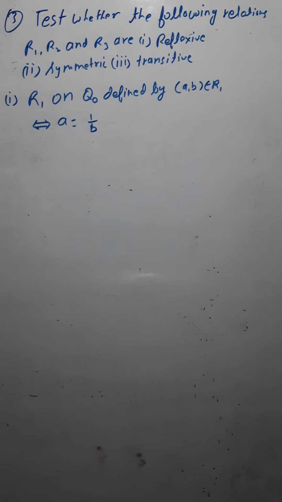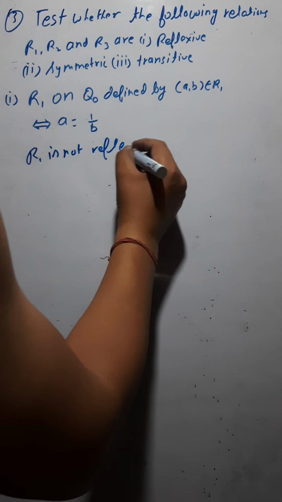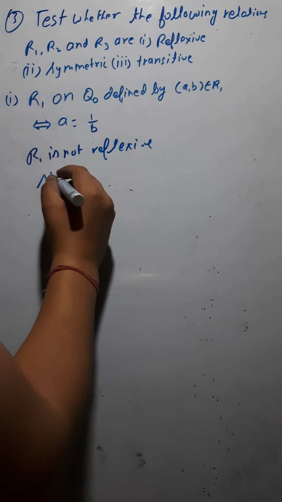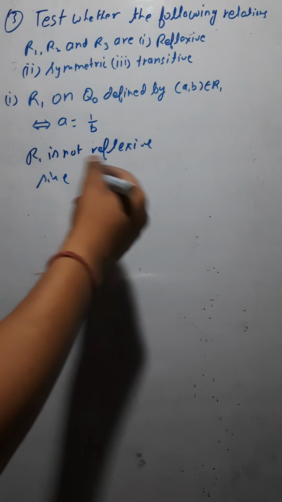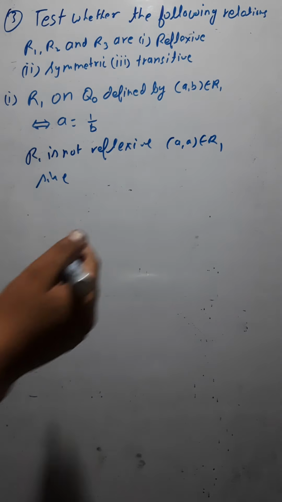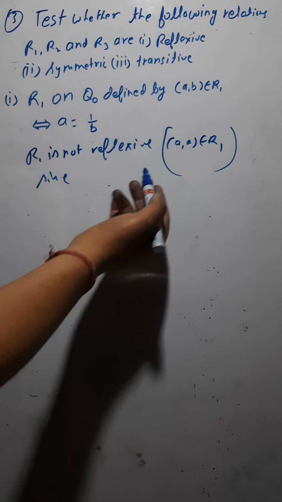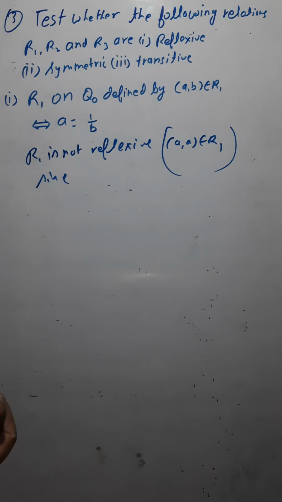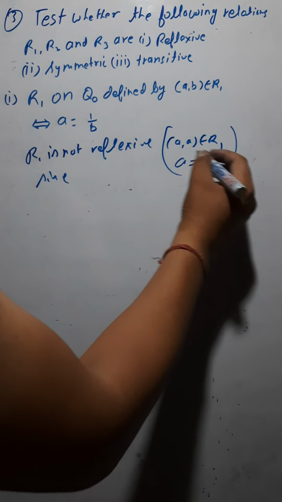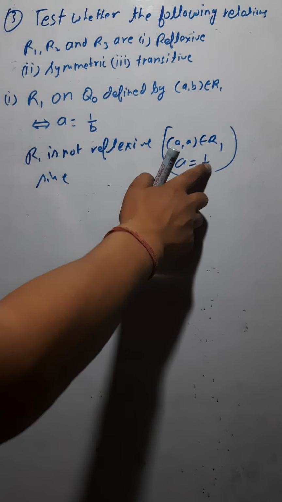So it clearly shows that R1 is not reflexive. How? For being reflexive, AA should be there in relation R1. This is the condition for reflexivity. R1 would be reflexive if AA were in R1. But the condition given is that A should equal 1 by B. Can A be equal to 1 by A? Is it possible?